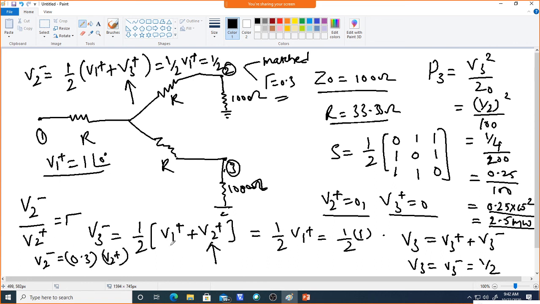So if it is an unmatched condition, we need to find out what is V2 plus. Sorry, we have to find out V2 minus.